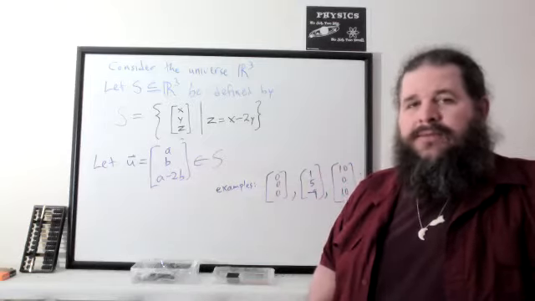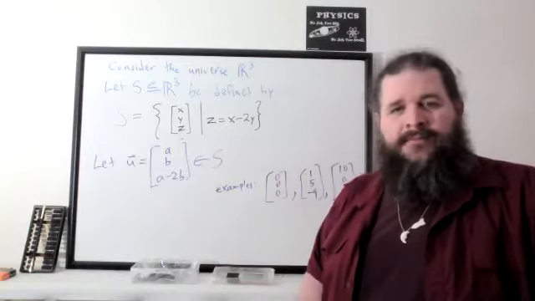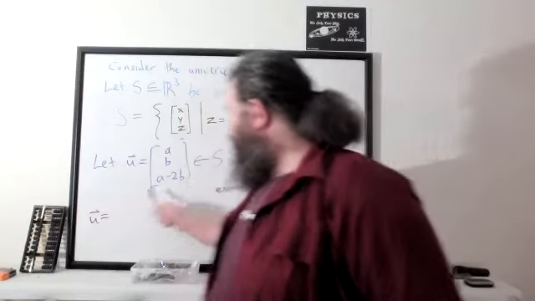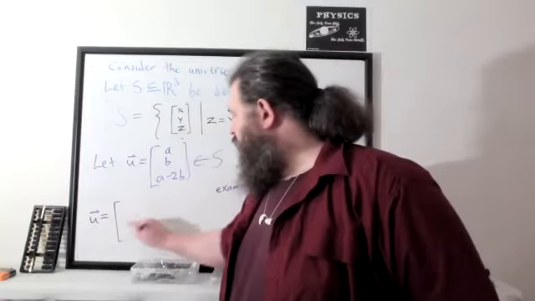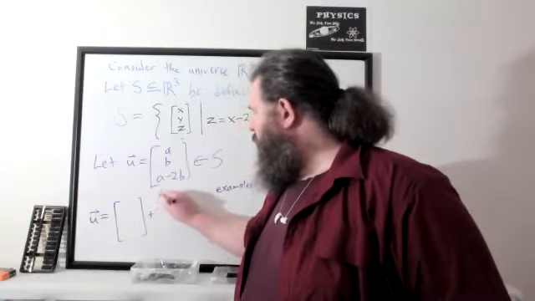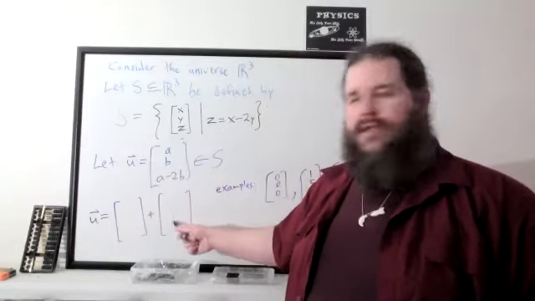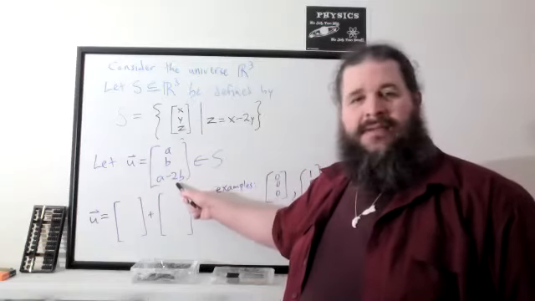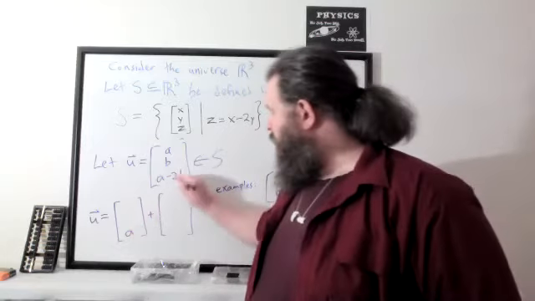In other words, we should be able to write it in terms of 2 basis vectors, 1 for each free variable. And the way I would recommend doing this is splitting out your format based on free variable. If we write this as 2 vectors added together, a vector with all the A's and a vector with all the B's. And I'm going to start from the bottom up just because the bottom is the only term that has both A and B. The bottom term could be written as A plus negative 2B.